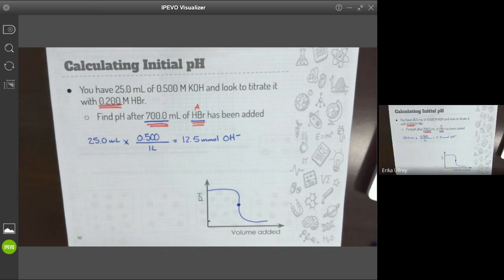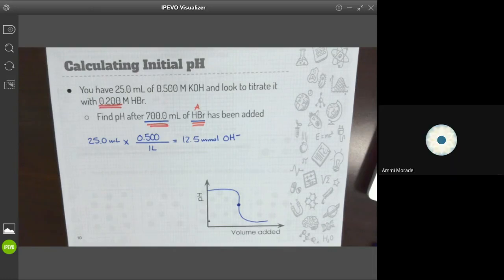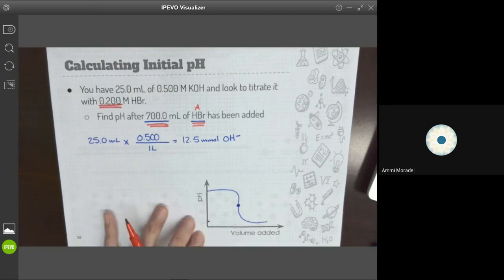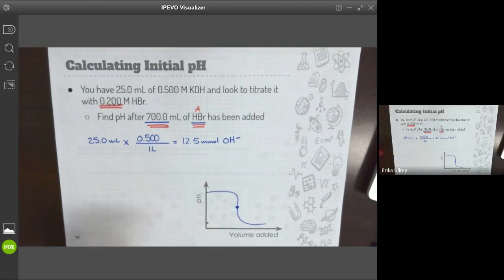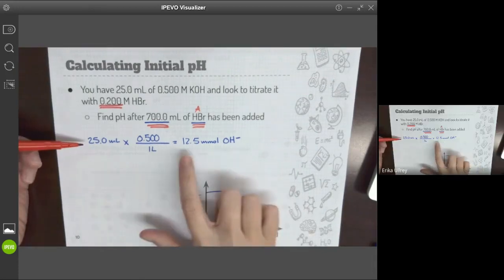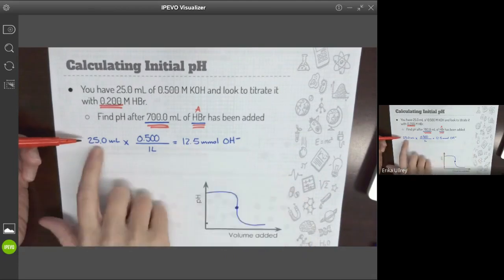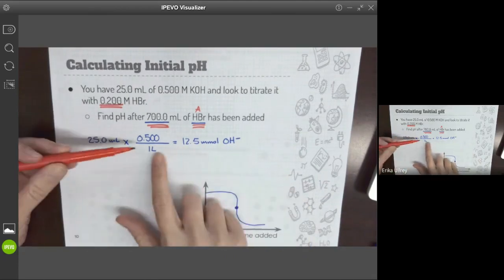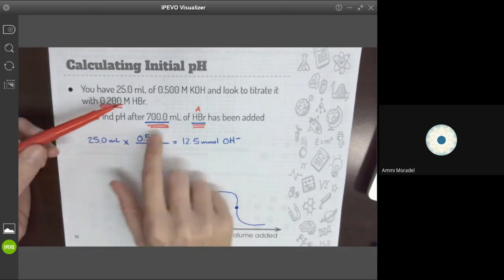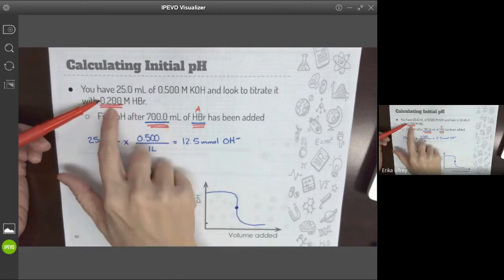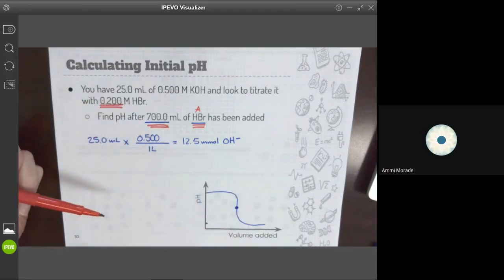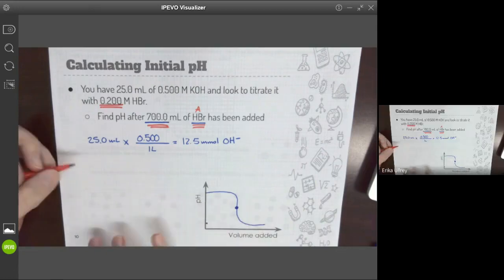How would we figure out the millimoles of H plus? I forgot. So Ami, look at the math right here. To find the millimoles of hydroxide, we took the volume of our base times its molarity. So we've got a volume of our acid and its molarity. Could we use those again to find the millimoles? Yeah, we can do the same thing.